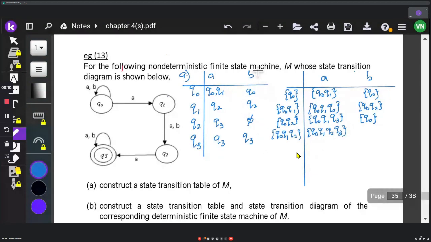And for Q0, Q1, Q2 with input B, we have Q0 and Q2 only.